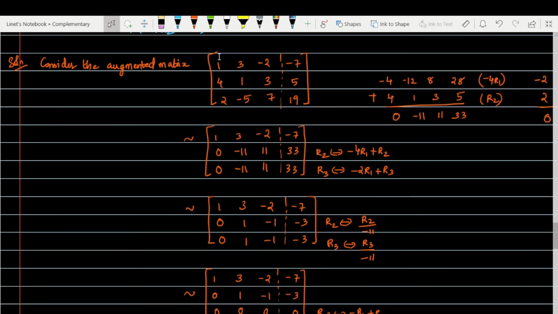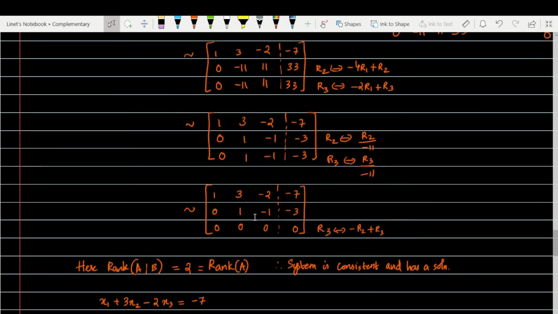So you have 1 as the first entry, we are okay with it. You are going to make this 4 and 2 zero. So you will change R2 to minus 4R1 plus R2, R3 to minus 2R1 plus R3. Okay, and you divide each of the second and the third row by minus 11 to obtain the rows like 0, 1, minus 1, minus 3 in both rows, and you subtract the third row from the second row, change the third row like that, and you get the third row to be full zeros.